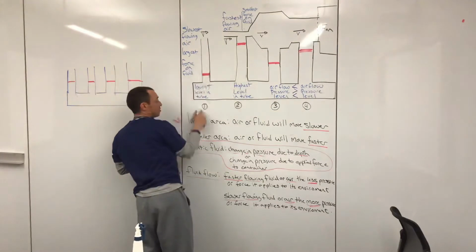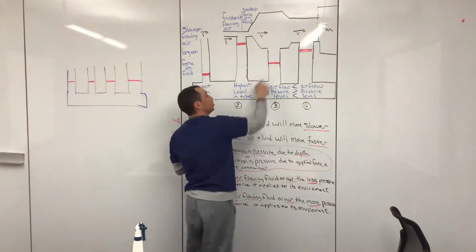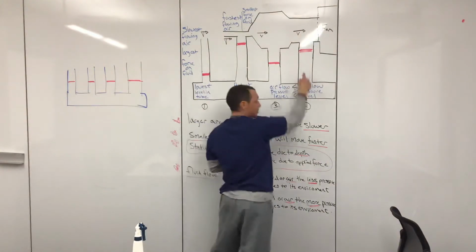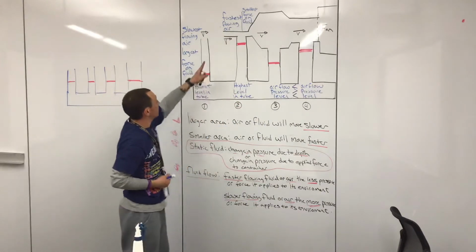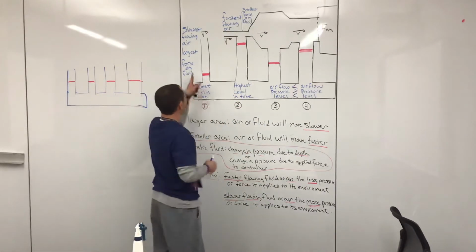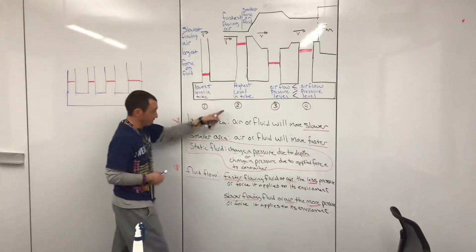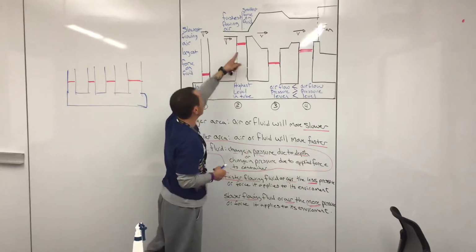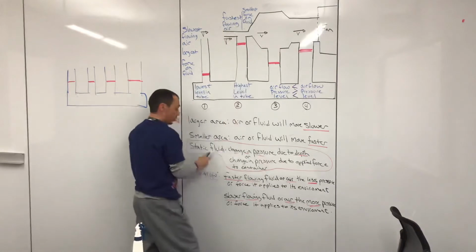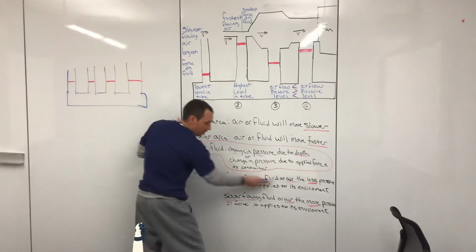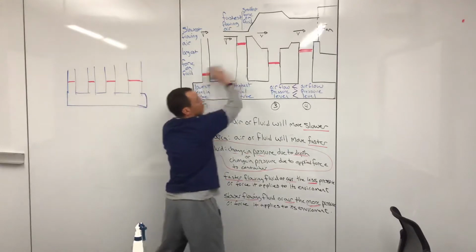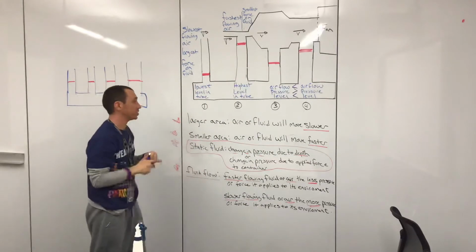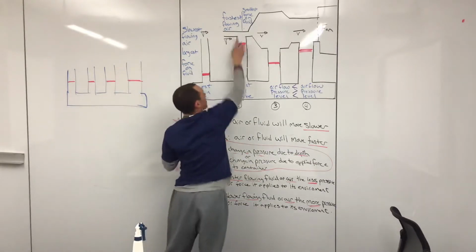We have this labeled as tube 1, this labeled as tube 2, this labeled as tube 3, and this labeled as tube 4. All right, so we know tube 1 has the slowest flowing air, but the largest force on the fluid. We know that tube 2 has the fastest flowing air, which means by concept it should be applying the smallest force on the fluid when compared to all four of these, since it's the fastest flowing air there.